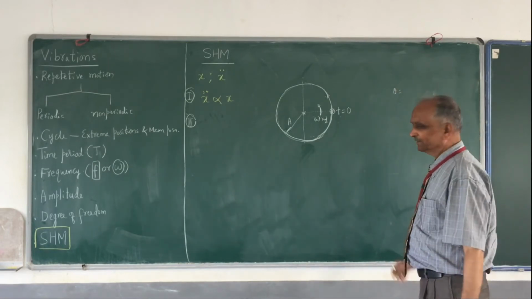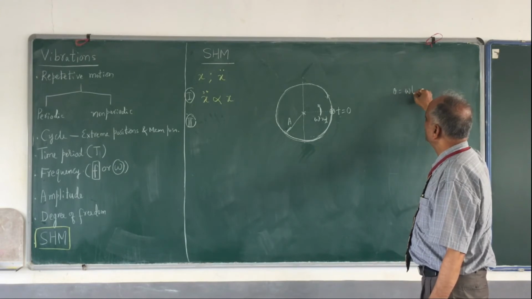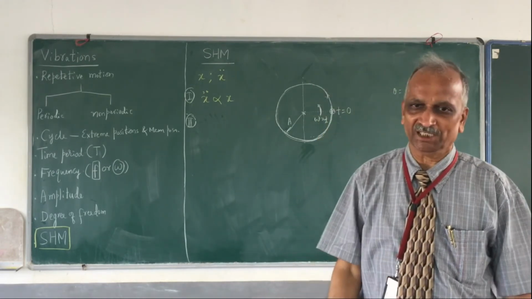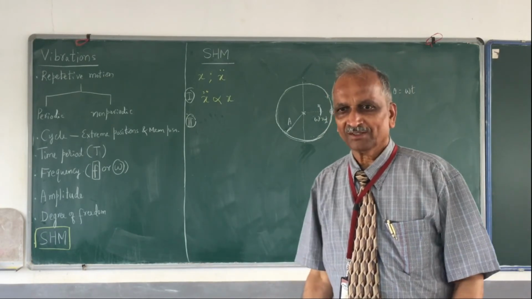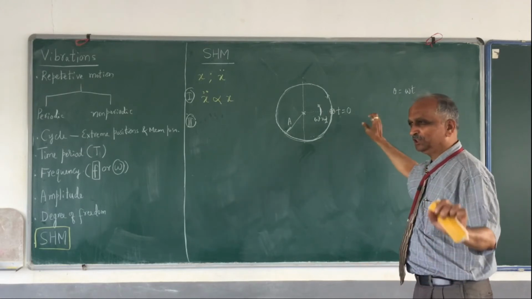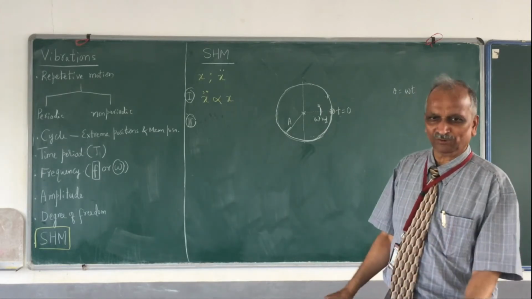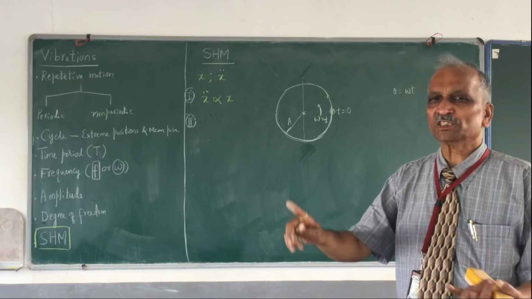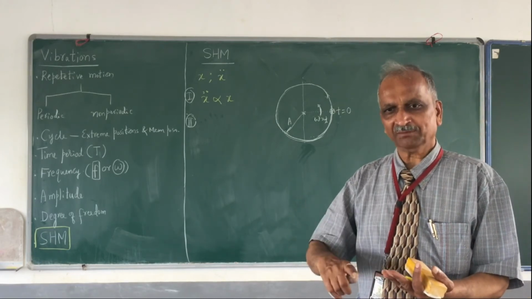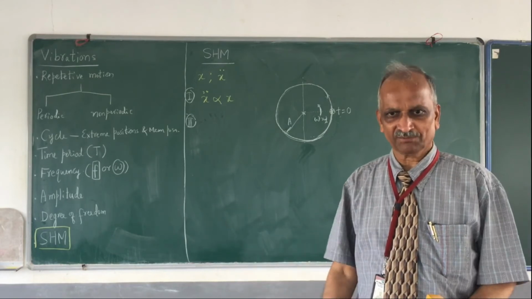So what is that theta? Theta is equal to omega into t. Velocity multiplied by time is the displacement, the same thing. I am talking about angular motion, so you may not be that comfortable, but the relationship remains the same: theta divided by time is the angular velocity.